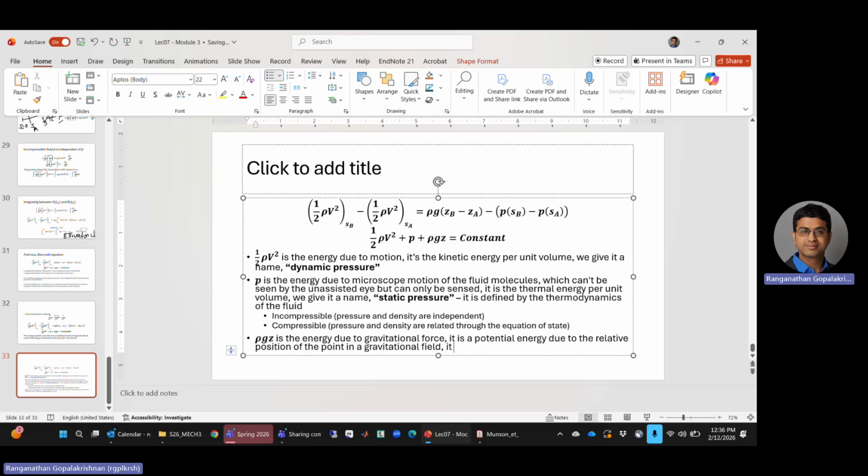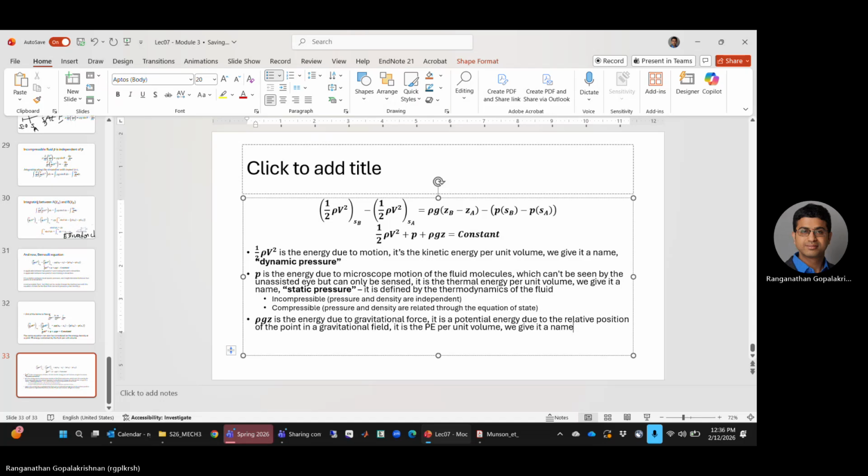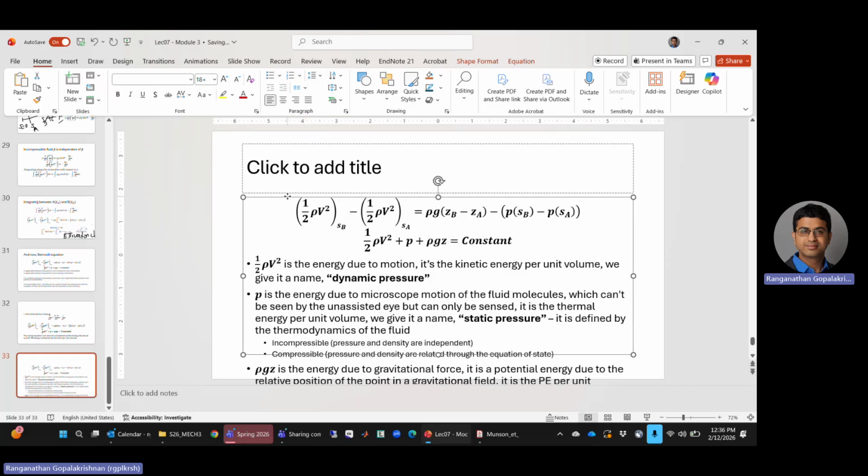Okay, it is the P per unit volume. We give it a name. Okay, I'll change the font size. My apologies. What's the name? Pressure head. The word head is used because it's usually used to denote elevation.